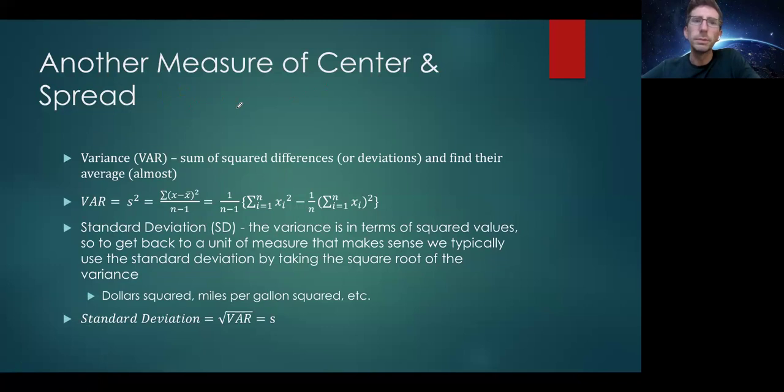Variance and the standard deviation are another measure of spread that we can use. This can tell us how spread out, how far apart, or how close together our data is.